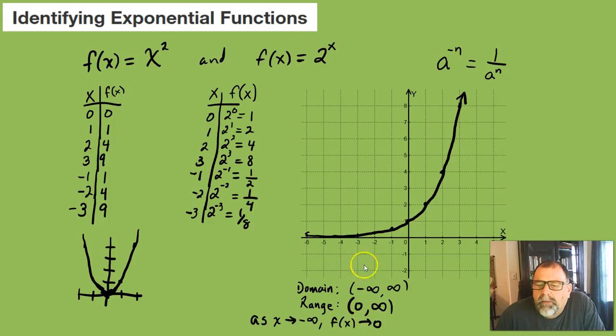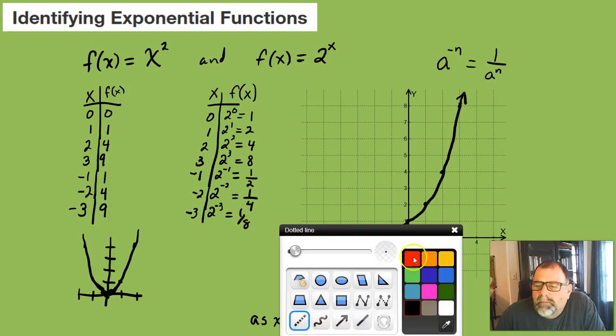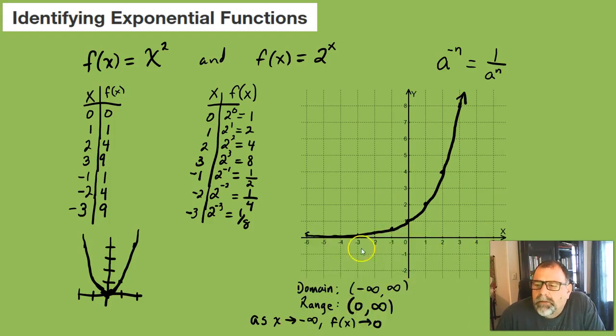So we have a horizontal asymptote, y equals 0. It's approaching 0 as x goes to negative infinity.